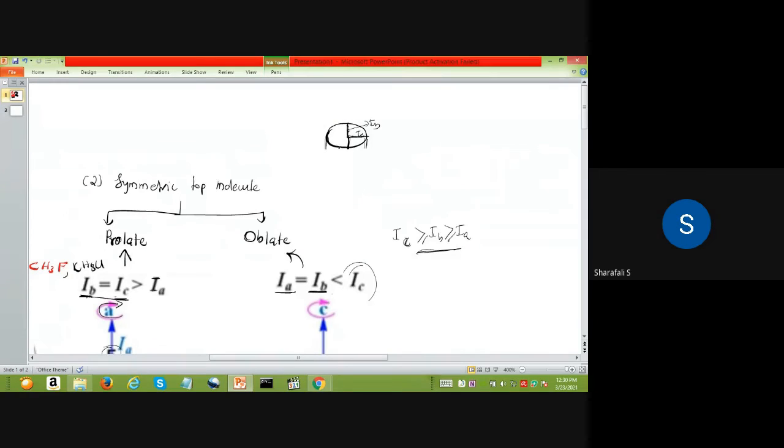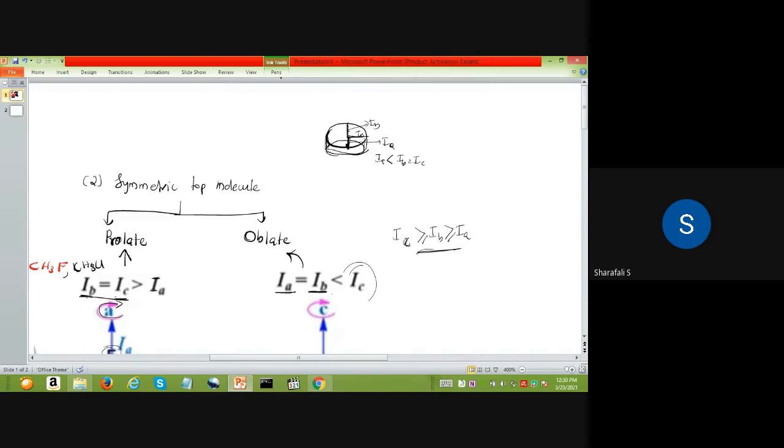So depending on that prolate and oblate structure, let's say this is the base of your cylinder, and this is your A, and IA is smaller than IB.